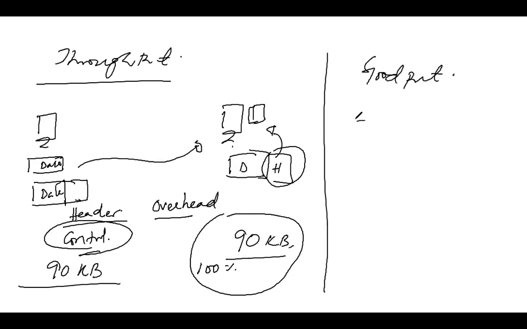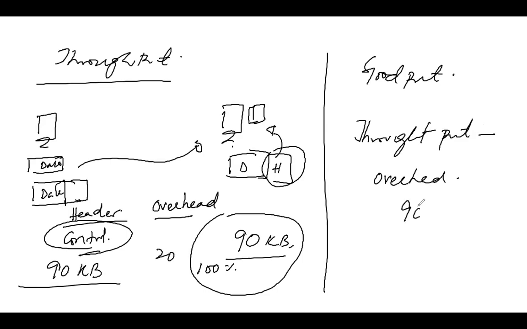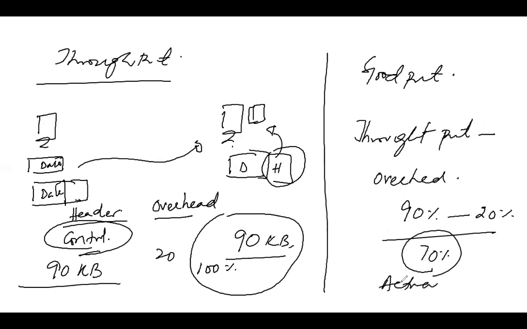And goodput is actually throughput minus overhead. So for example, in this scenario, the overhead is 20%, then 90% minus 20% is equal to 70%. So 70% is your actual data that you transferred and it is received.